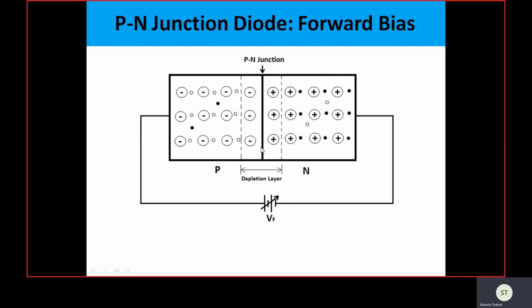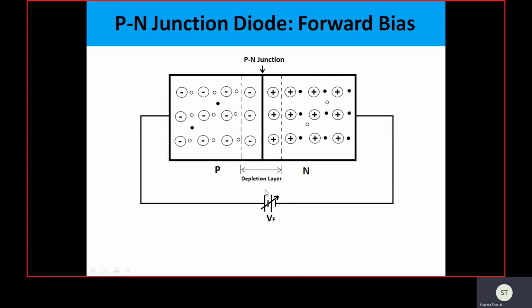If we take the case of silicon, ideally we suppose that there is no depletion layer at the junction at 0.7 volt, but practically, for silicon material, the cut-in voltage is 0.7 volt.